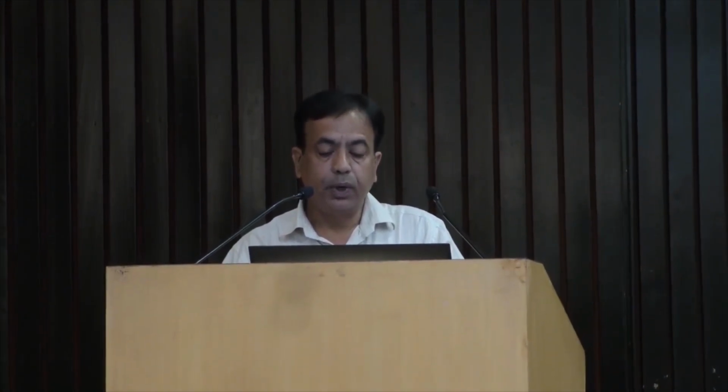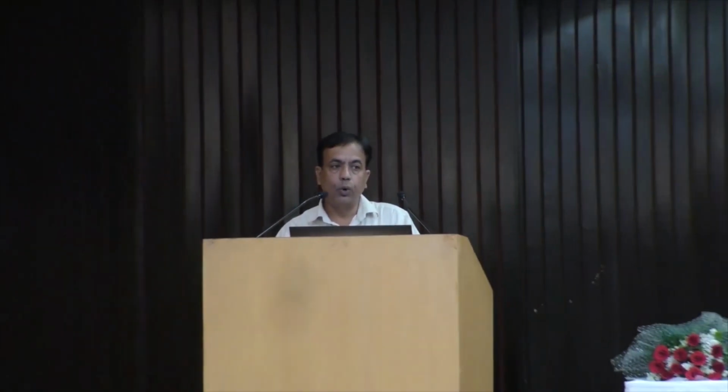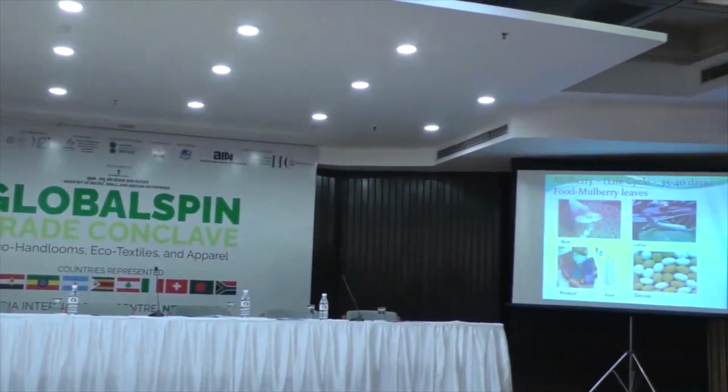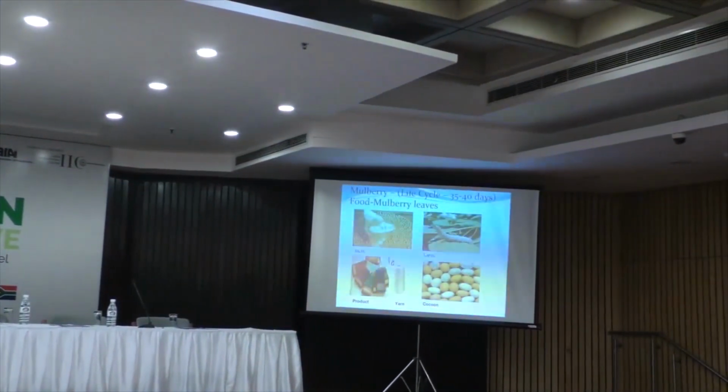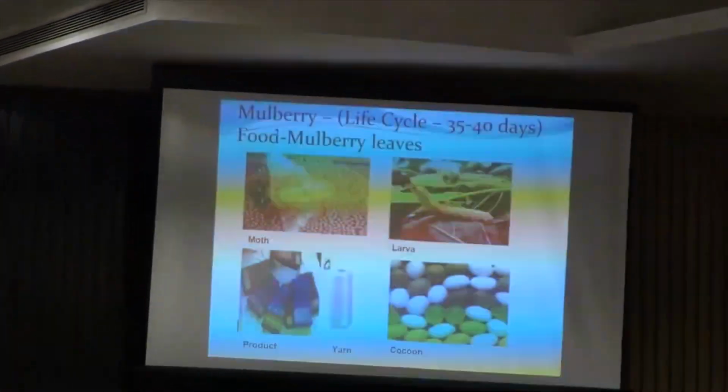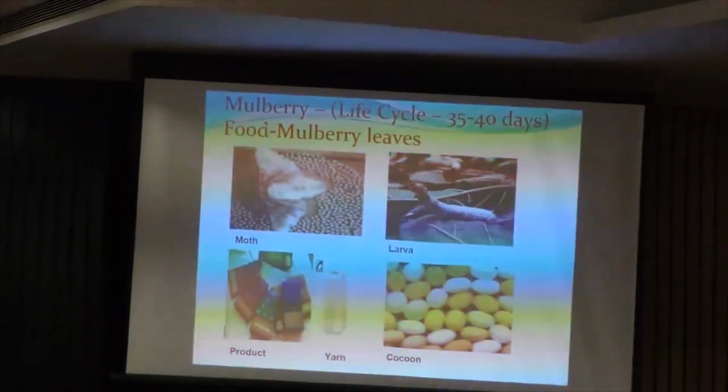Mulberry is the most popular of the four because the rearing is done all over India. This is the life cycle of the mulberry silkworm. The rearing takes 35 to 40 days, wherein from the basic egg, hatching is done, then the silkworm comes out and makes the cocoon.